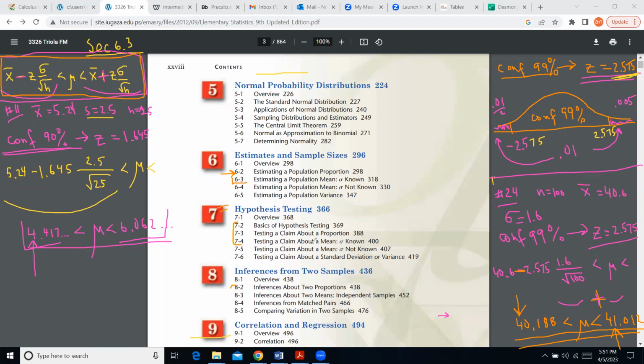We have 6 more class meetings left before our final. The final will be in the first week of May. I believe there are 6 more class meetings left, because the class meeting on Wednesday before the final will be just a review, just like what we did with the midterm.